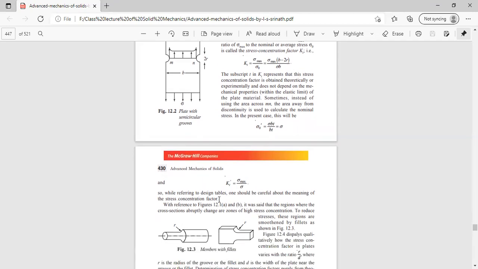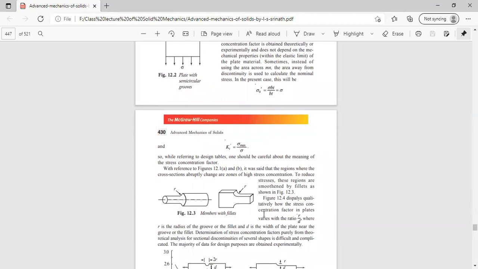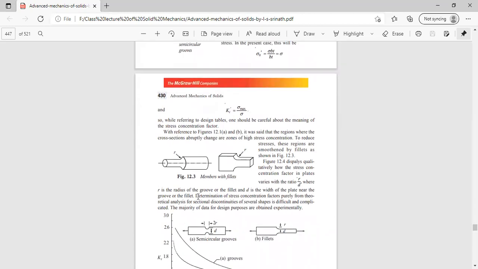So while referring to the table, we should be careful about the meaning of the stress concentration factor, which is important in order to tell what the maximum stress can be where a particular type of discontinuity is induced in the section itself. Here we have discussed that although the cross-section changes here and here, it does not change abruptly.